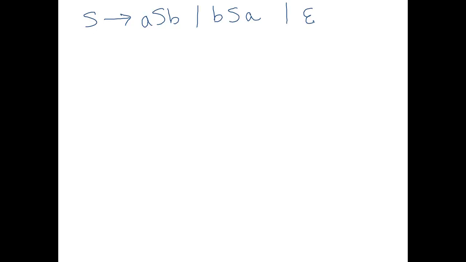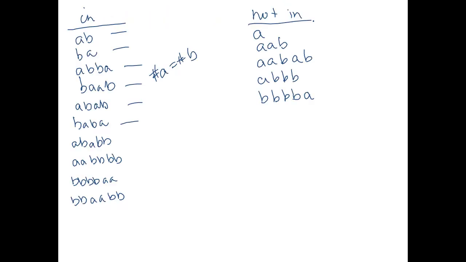So if I apply S goes to ASB, and then I replace the S in the middle with an epsilon, then I have the string AB. And the same thing if I use the second rule instead of the first one, I get BA. So that'll give me those first 2 strings.